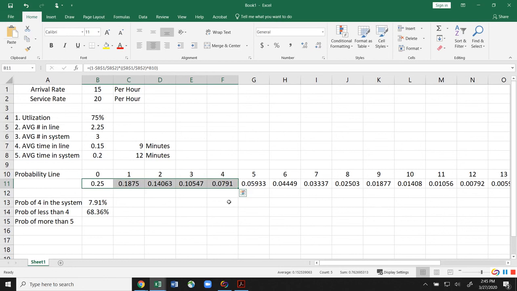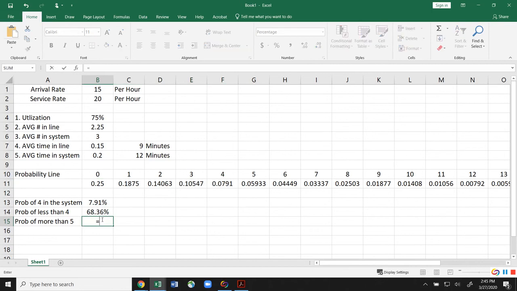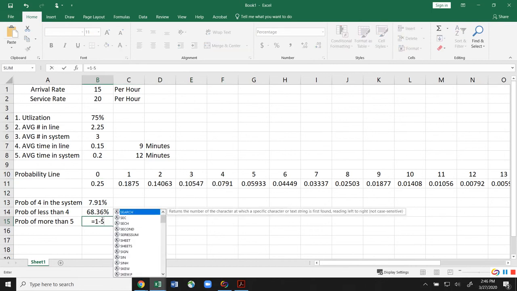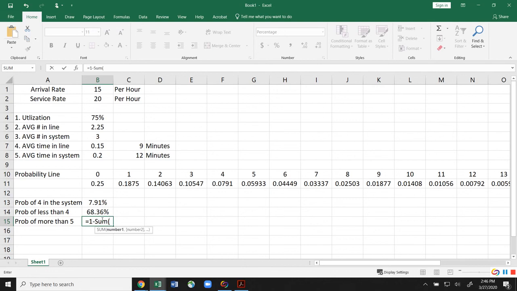And so the way we do that in Excel to figure it out, it's going to equal 1 minus the sum, and we said probability of more than 5, so that's from 6 to forever, of all of these.